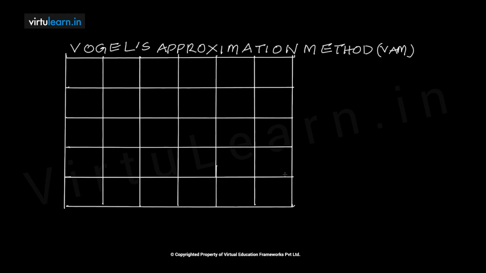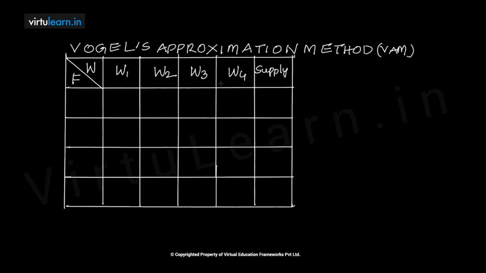So for this method we will choose the lowest cost in the row and next lowest cost in the same row, and we'll write down the difference, which we call row penalty. For each of the rows we'll be doing the same thing.